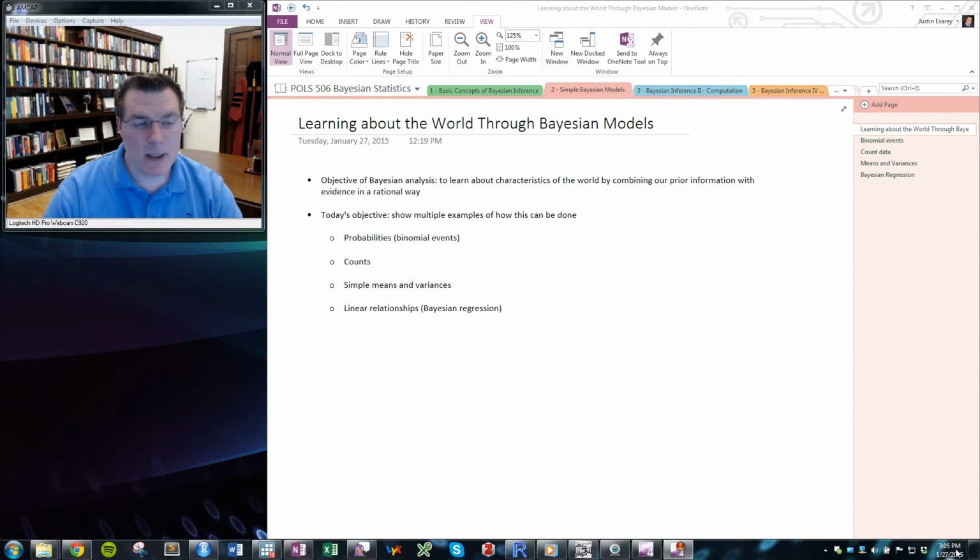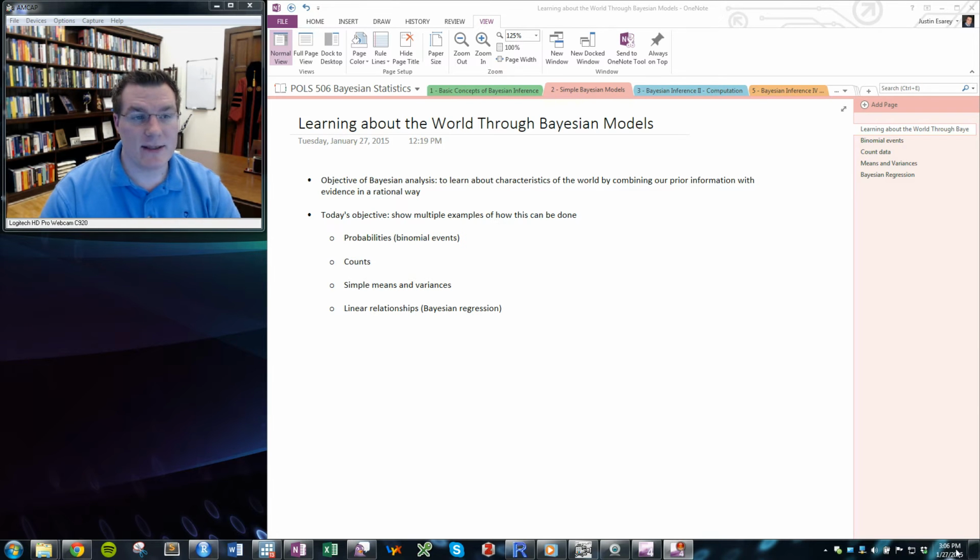Count data, which is exactly what it sounds like, data that are composed of counts of events. So for example, in political science, things like battle deaths are often recorded as counts, the number of deaths. They can only take on values 0 or more, and they have to take on discrete whole number values from 0 up. We're also going to look at simple means and variances.